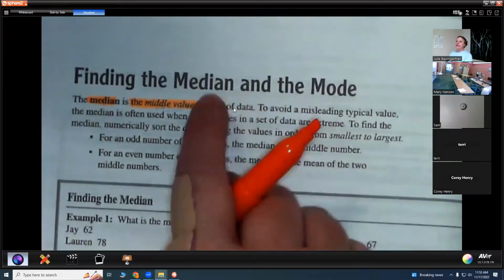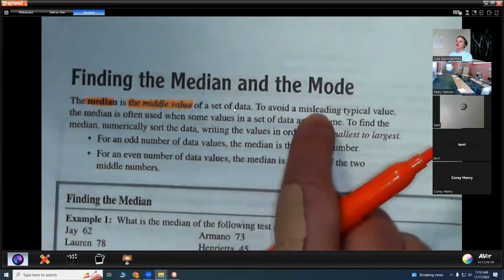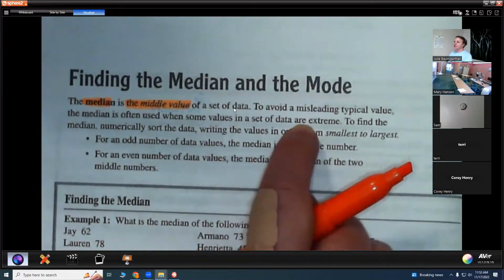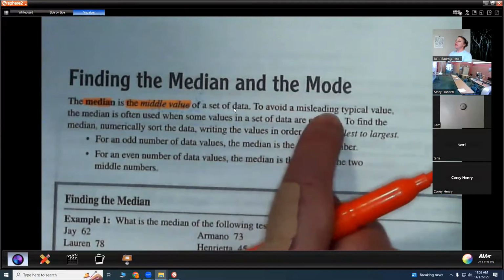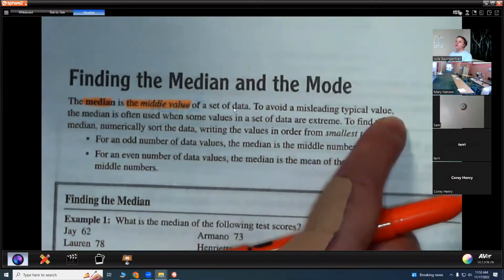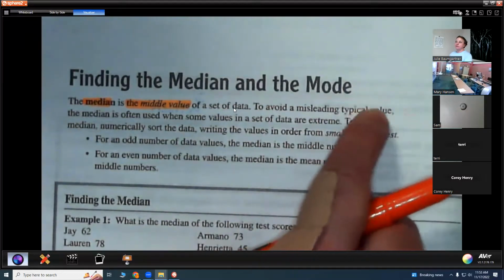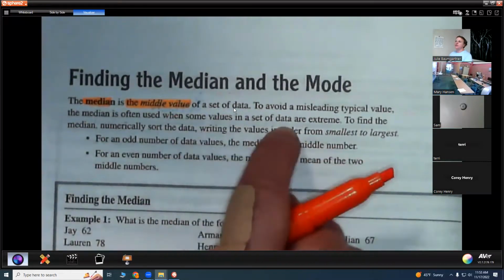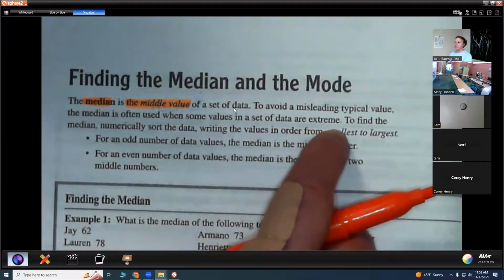So the median is our measure that we should use when we have that outlier. To avoid a misleading typical value, which is our middle, the median is often used when some values in a set of data are extreme, okay?